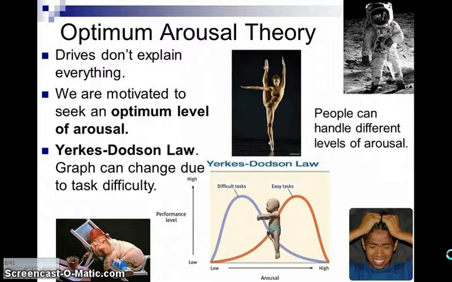When we're talking about arousal, we're basically talking about our level of alertness or wakefulness that's related to our central nervous system. So that's how awake, how alert, how excited we become in certain situations. Now, one thing to note right away is that people can handle different levels of arousal.